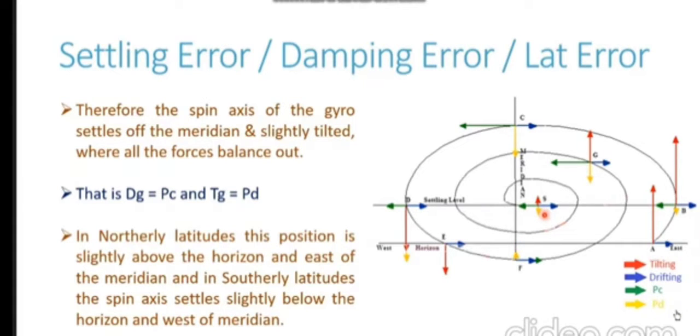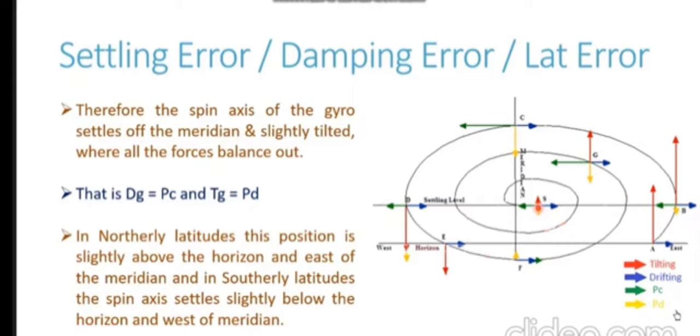We know from the tilting formula that tilting is upwards east of the meridian and tilting is downwards west of the meridian. So this is exactly the reason why in this case the spin axis has settled east of the meridian. So you can correlate this in the diagram.